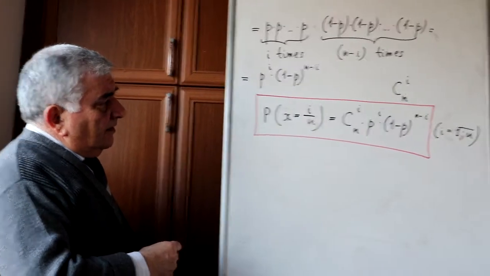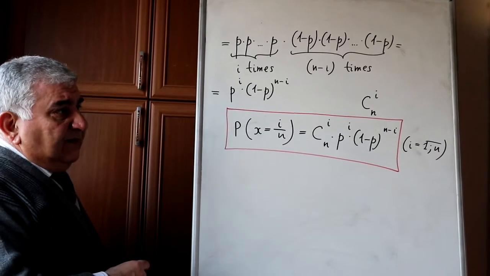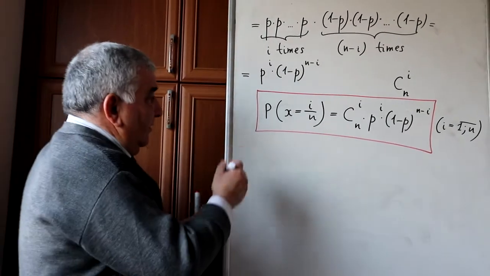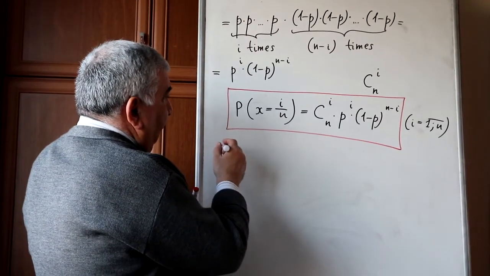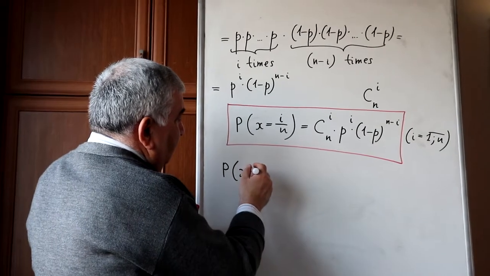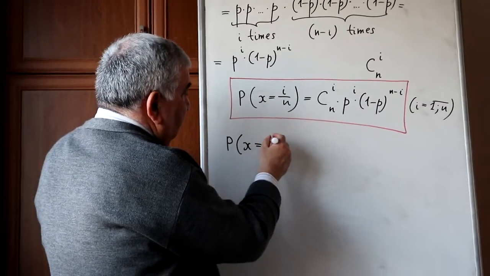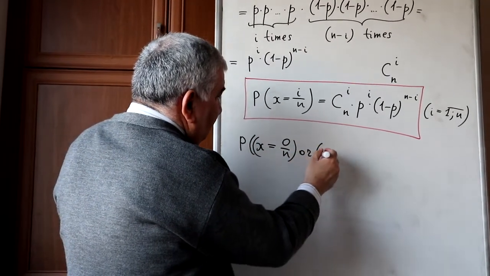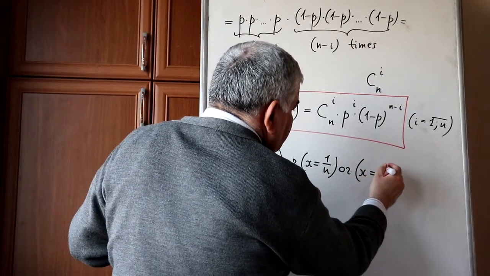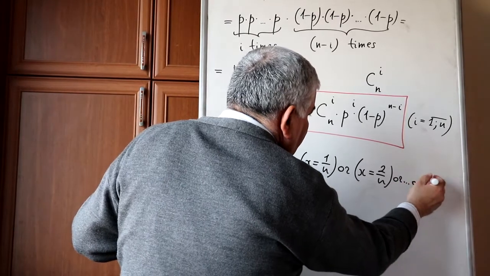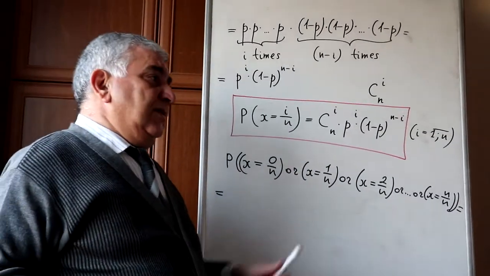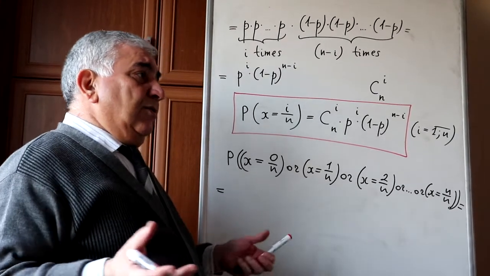We can verify the main probability equality. For example, P of x is 0 over n, or x is 1 over n, or x equals 2 over n, or etc., or x equals n over n, equals... The operation or is a union or is a sum.